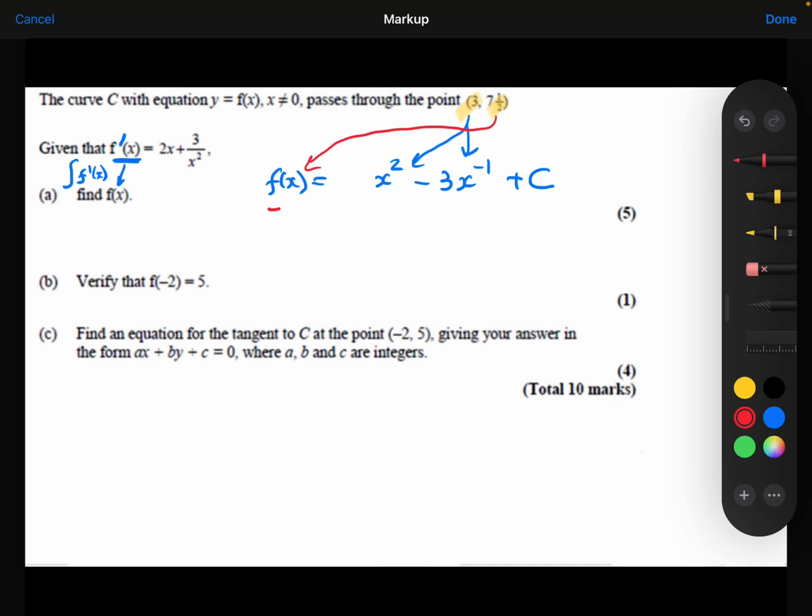So 7.5, or that's the same thing as 15 over 2, or you could say 7.5 if you prefer working with decimals, is equal to 3 squared minus 3 times 3 to the power minus 1 plus c.